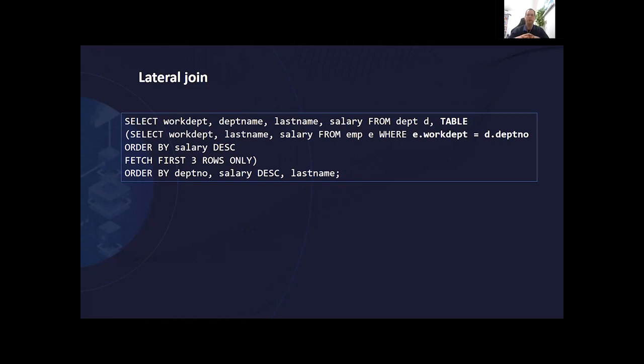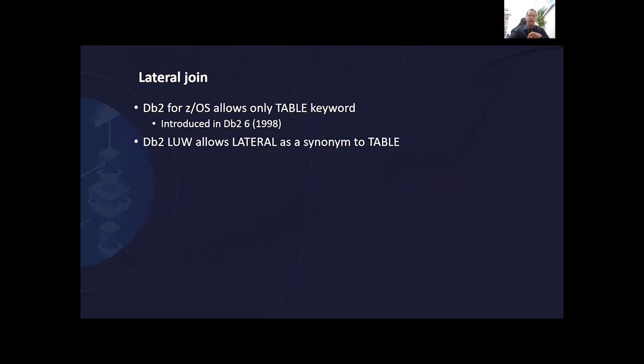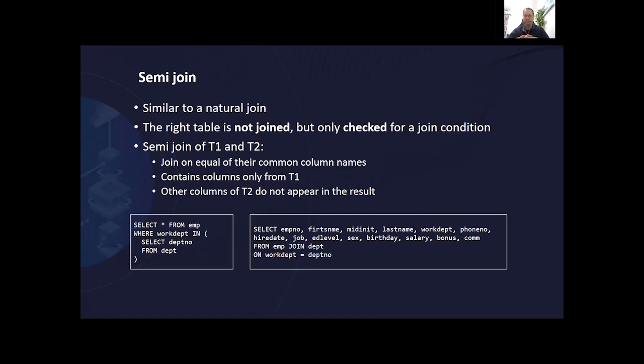And that's what lateral join helps me to do. And I then learned that this was available in DB2 for z/OS since DB2 version 6, which is 1998. And it's available in LUW, where it even allows the LATERAL keyword as a synonym to TABLE, right? And that's the point.